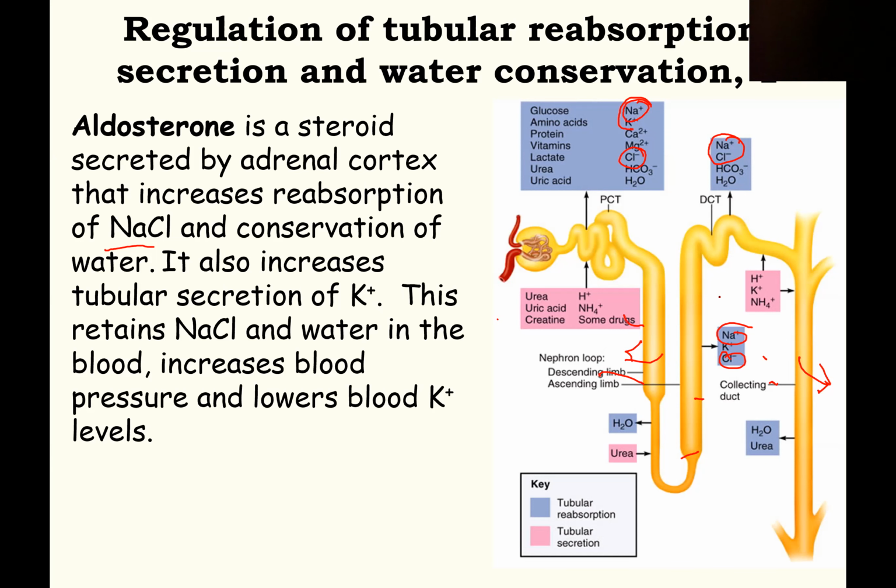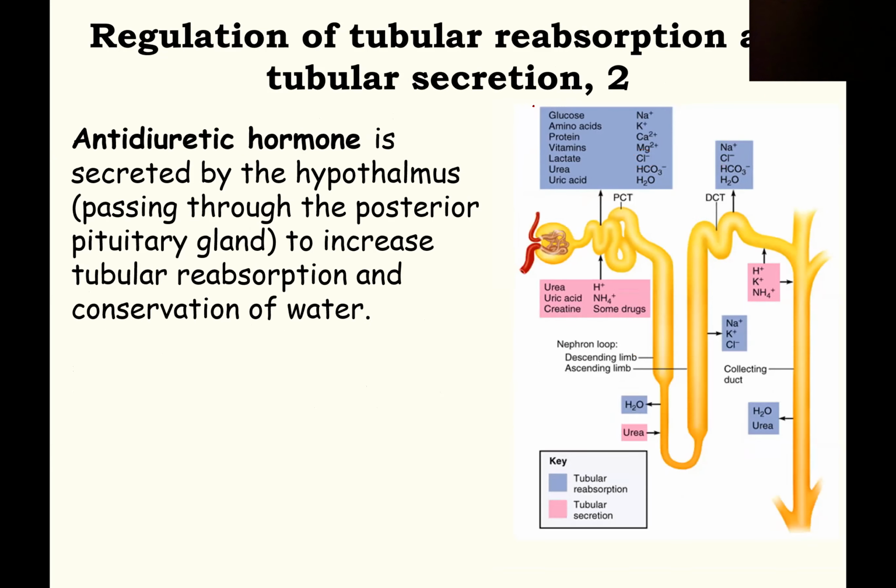Okay, another hormone is the antidiuretic hormone. This comes out of the hypothalamus after passing from or being received from the posterior pituitary gland. It's going to increase tubular reabsorption and conservation of water.